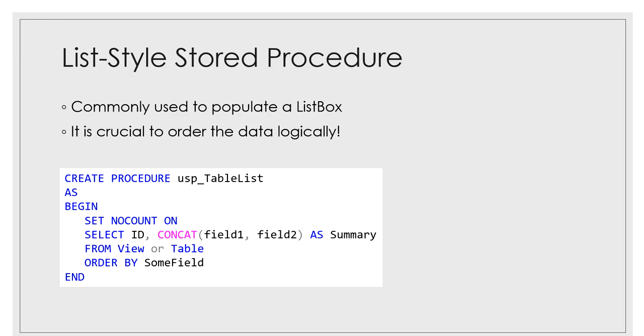It could just be the city name, for example, and that would be fine. But sometimes we'll put multiple pieces of information together for a better display, so the necessary information is easily available to the user in the drop-down list. So often I'll call that a summary, as a name for that extra field that we're putting together. And we'll also do the order by, to make sure it's in order as well.